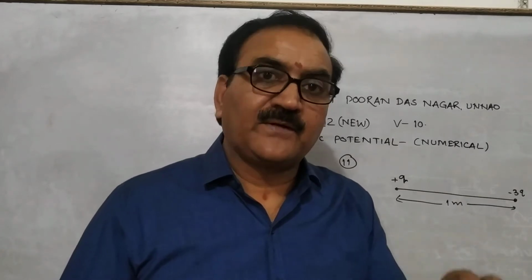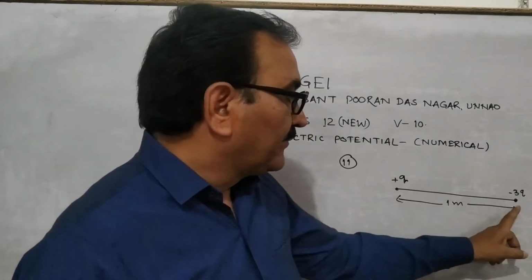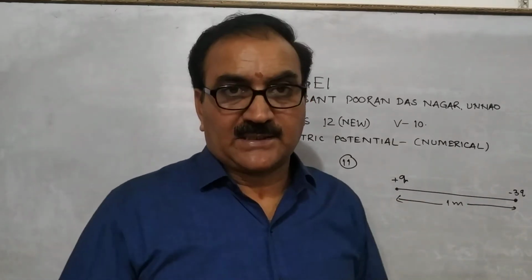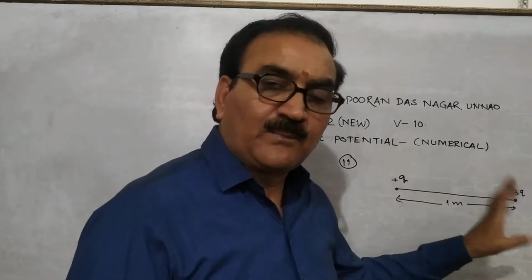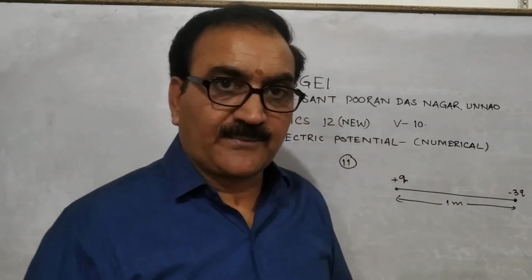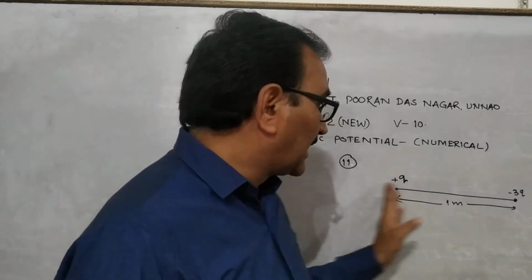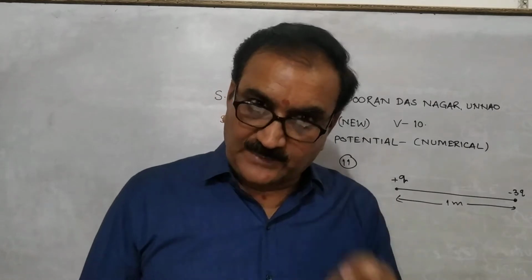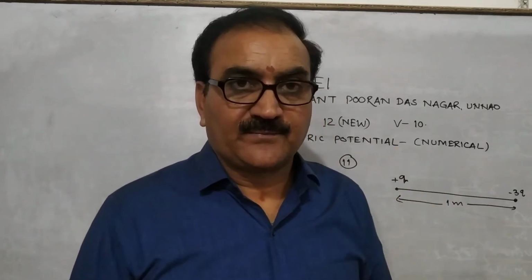Where electric field is zero, this point will never be in between the line joining the charges, because charges are of opposite nature. So whether you take the point here or here, keep in mind the charge whose magnitude is less.